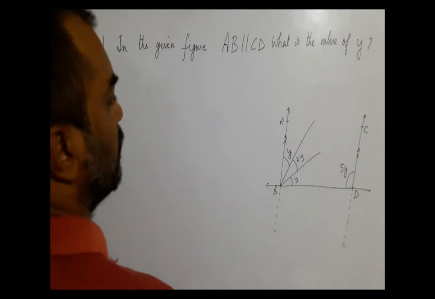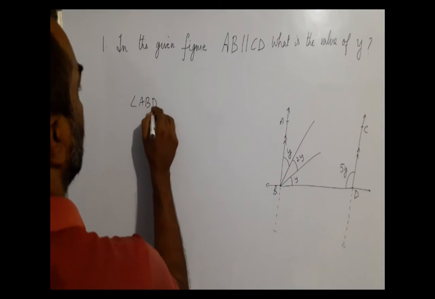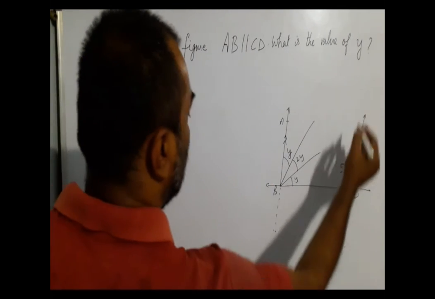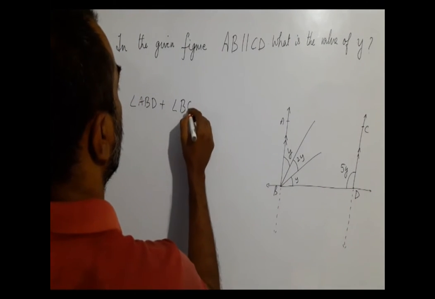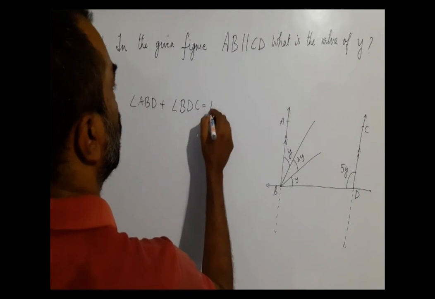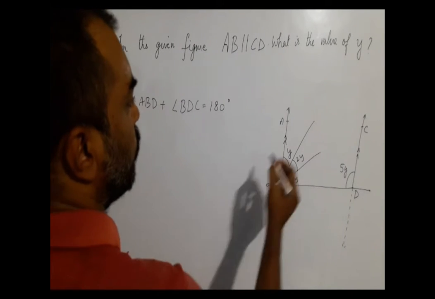So, what I will write here? Angle ABD plus angle BDC equal to 180 degree. That's supplementary. Now what is ABD?